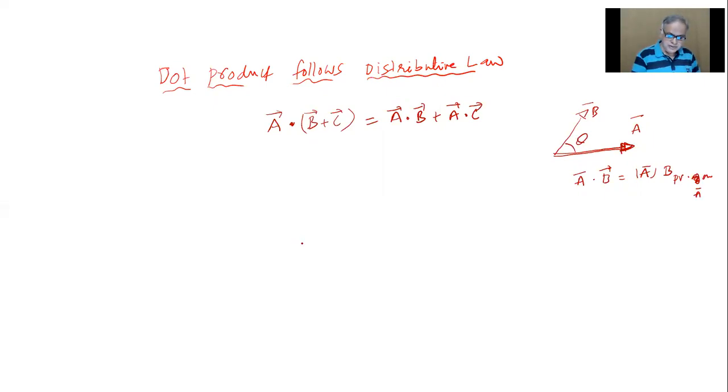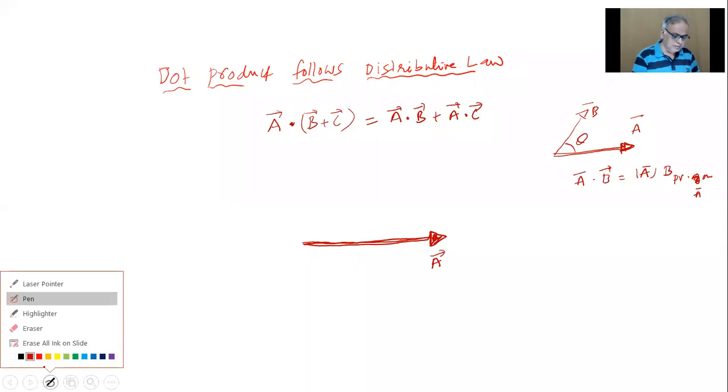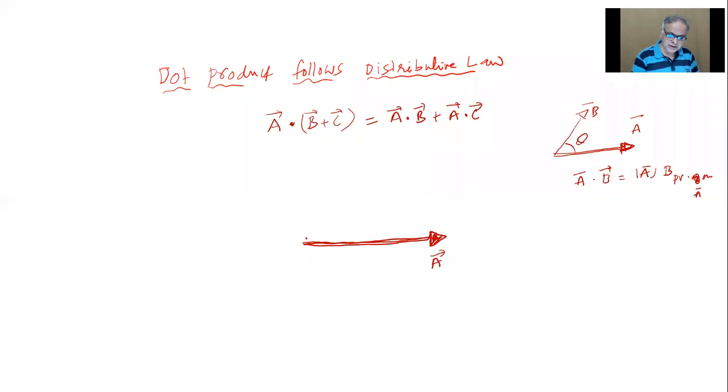Okay, let me say this is my A. I'm putting it in a solid line and a solid arrowhead. Now let me take B and C. I would choose different colors.